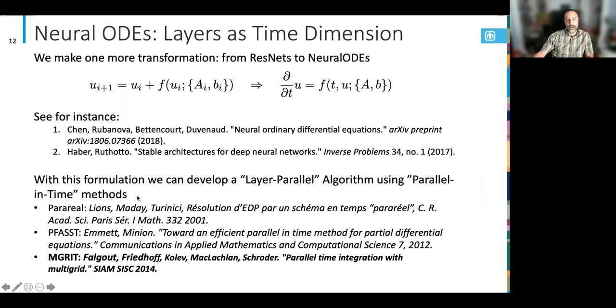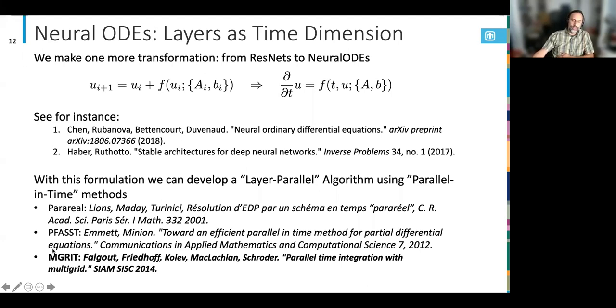Martin Gander on this, but the highlights for me are this parareal algorithm, which was very classical and started the resurgence in parallel in time algorithms. The FAST algorithm by Michael Minion and collaborators is an extension of that approach.